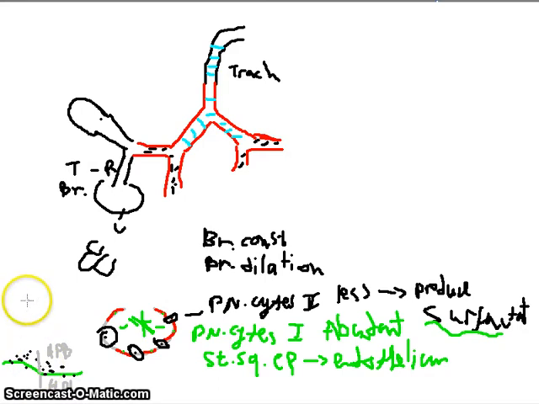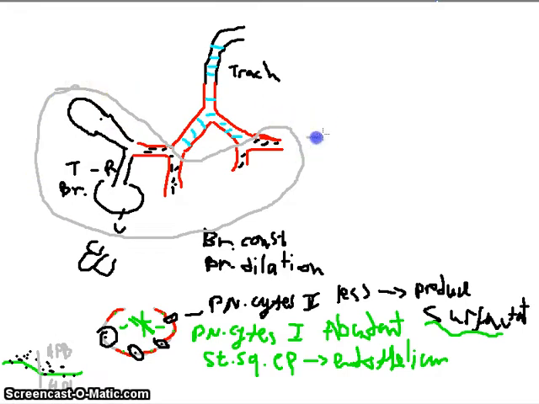Alright, so that would be the whole structure, and from here on we can say that we've got a respiratory unit that starts from the bronchioles.